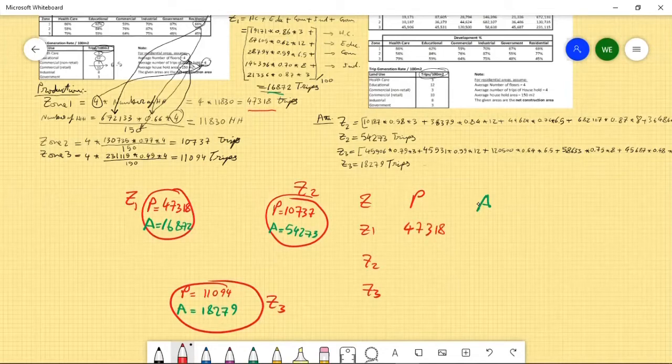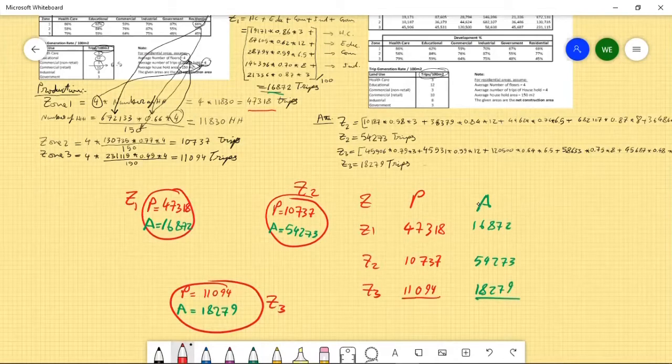We have production here 10,737, and we have 11,094. The attraction for each of those zones is 16,872, 54,273, and 18,279. Let's just add both and see how things will be.